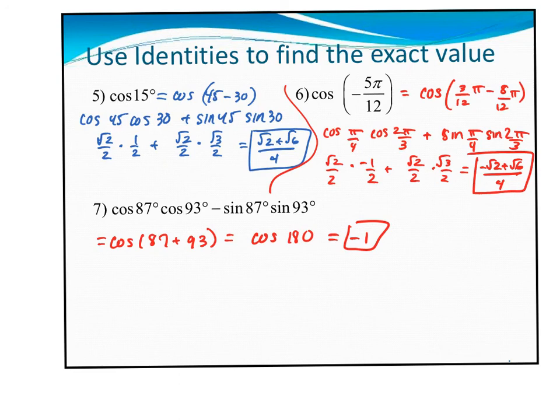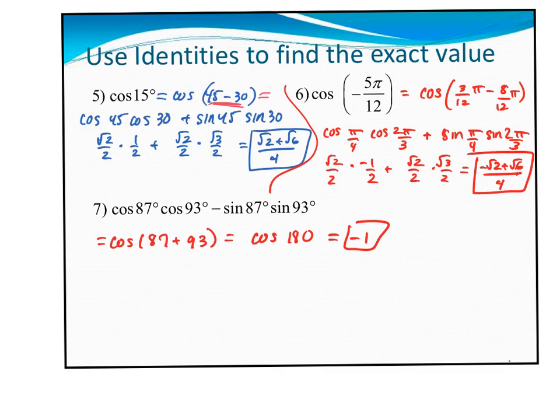So in this problem, we say that 45 minus 30 is equal to 15. Therefore, I can say cosine of 45 minus 30, and then I can expand that out using the formula, cosine, cosine plus sine, sine. And then after that, I just plug in my unit circle values. Now when we simplify these problems, we're going to see a lot of root 2's and root 6's divided by 4. The only thing that's really going to change is whether the sign is positive or negative.